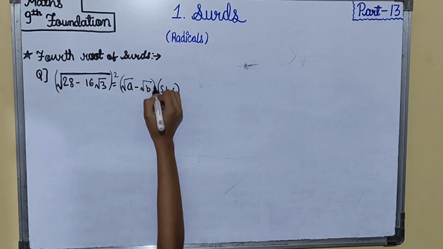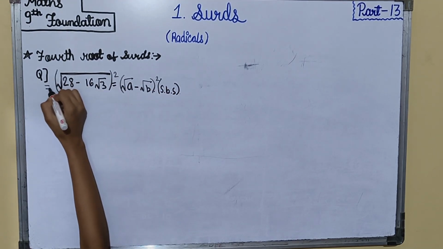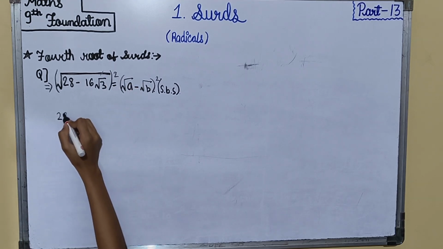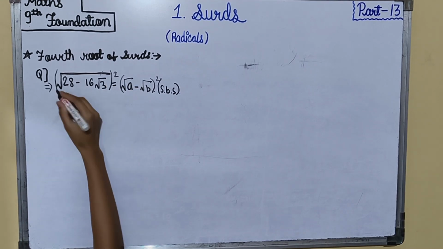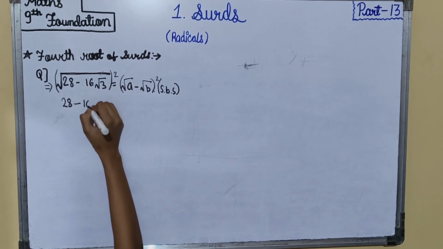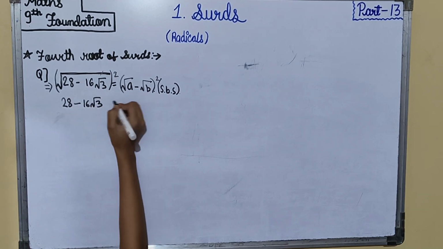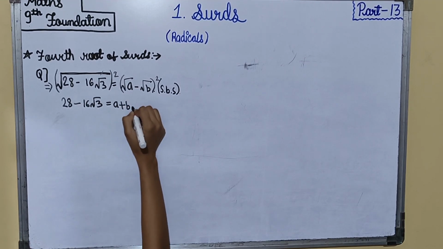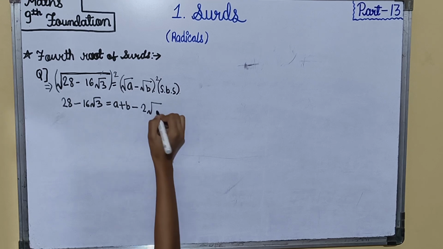We'll do it square according to the identity. Now this root and this square will get cancelled, so we'll get 28 minus 16 root 3 equal to a plus b minus 2 root ab.